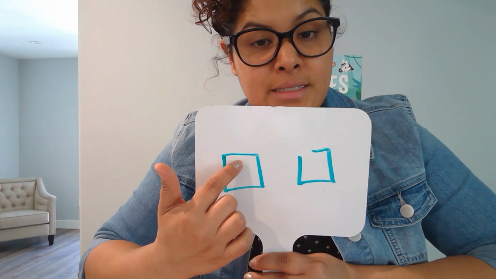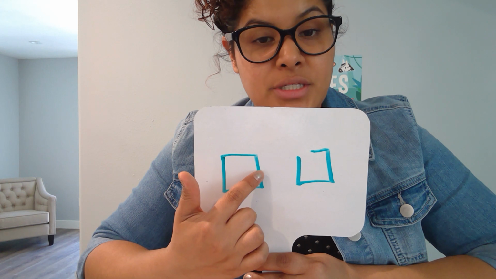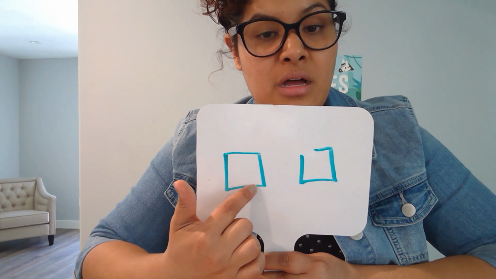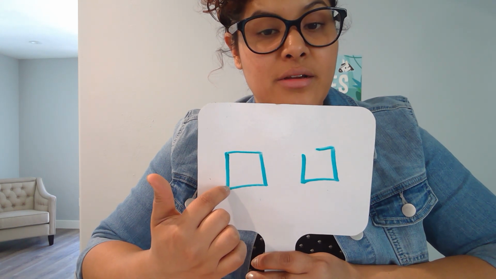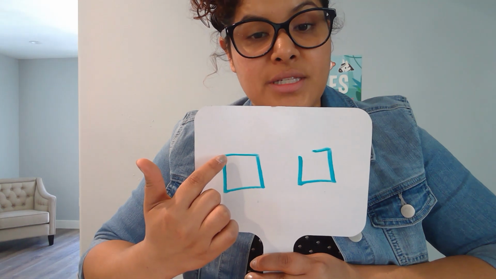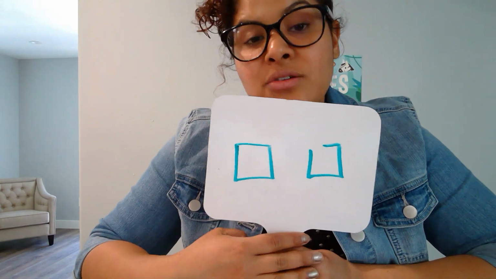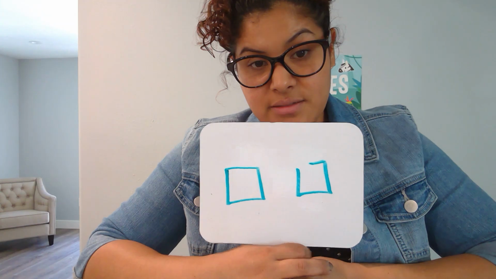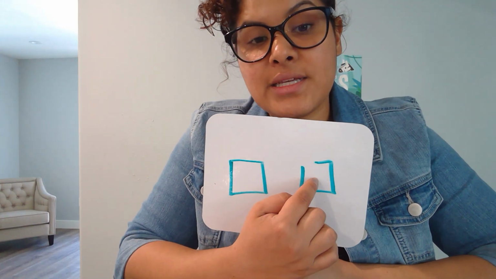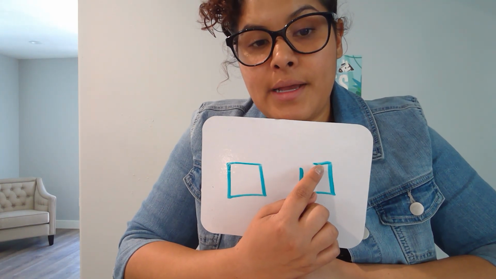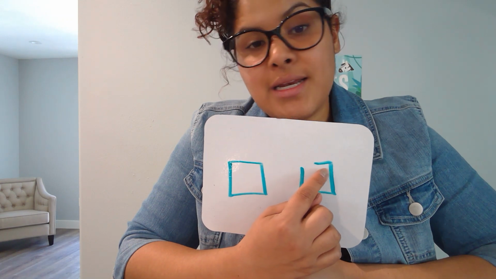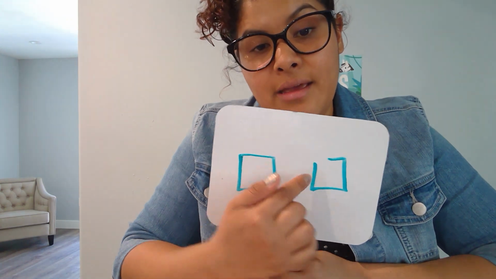My sides go along, it touches the other side, goes along, touches the other side, goes along, touches the other side. Every single side touches. If I look at this open shape, this side does not connect to any other side.